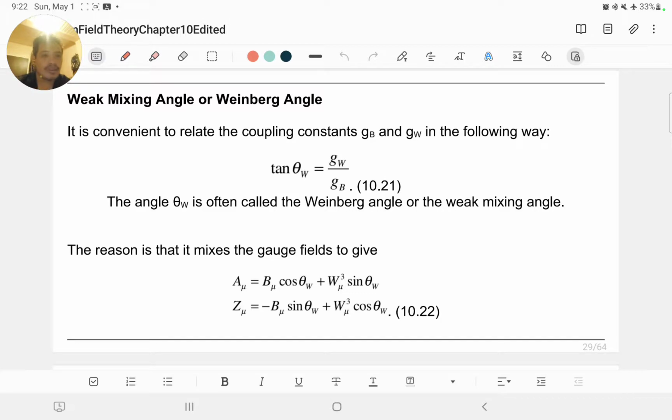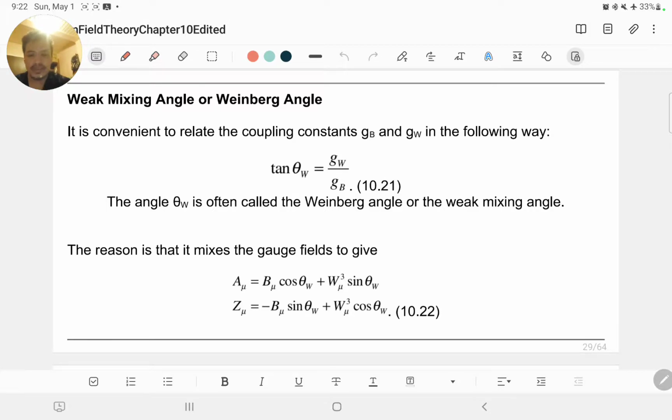So that was just to simplify the discussion, but now that we have the mixing angle or the Weinberg angle, we will now introduce the mixing between B mu and W mu 3.